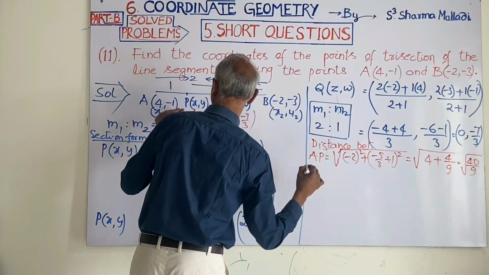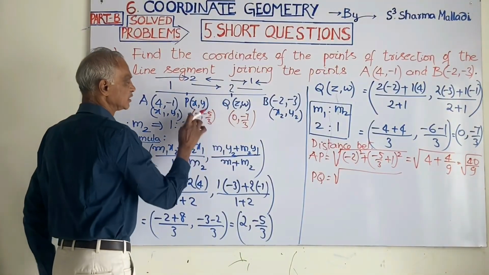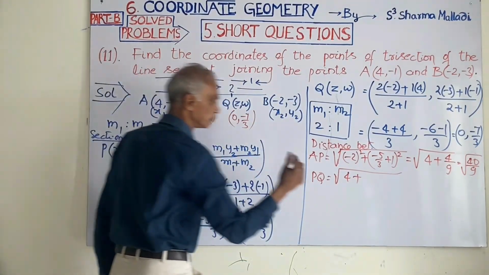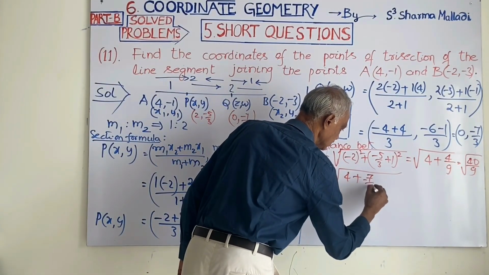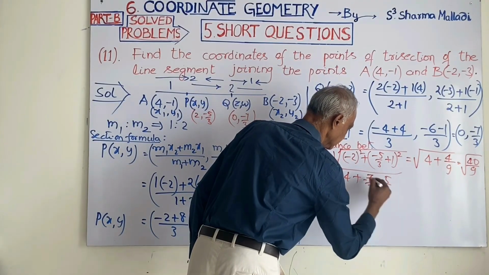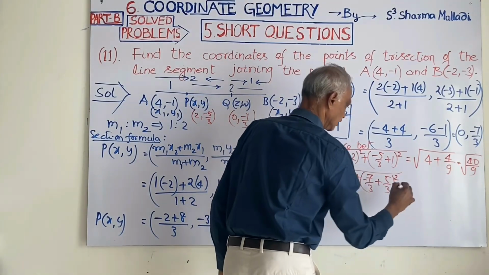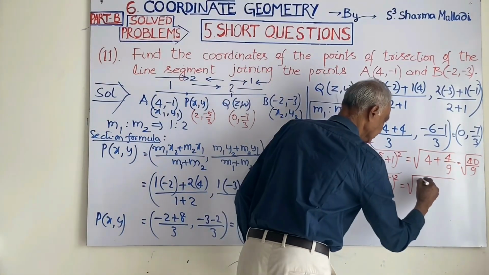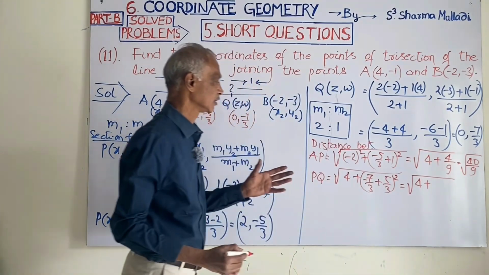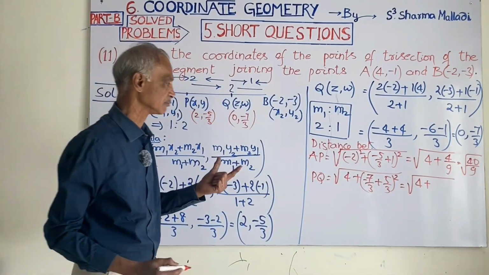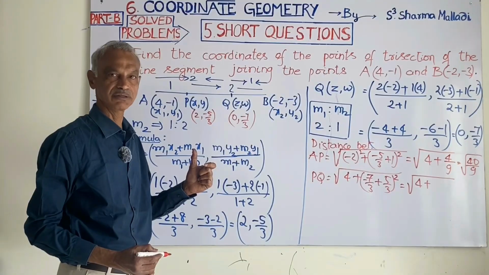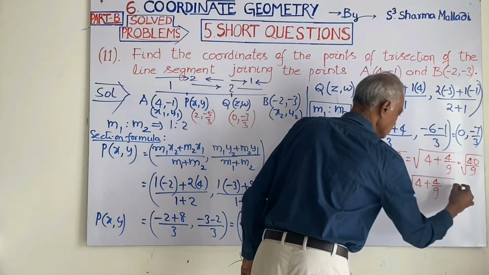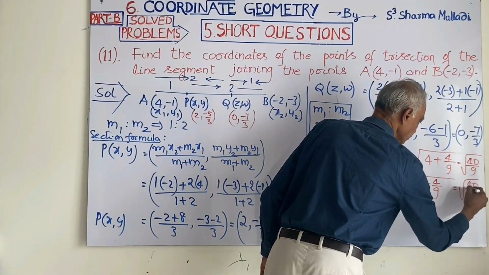Distance PQ: 0 minus 2 whole square means 4, plus minus 7 by 3 plus 5 by 3, whole square, which is 4 plus minus 2 by 3 whole square, means 4 by 9. Yes, we got the same thing, root of 40 by 9.